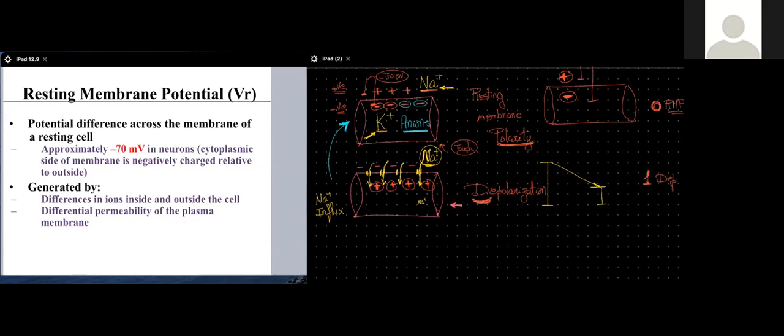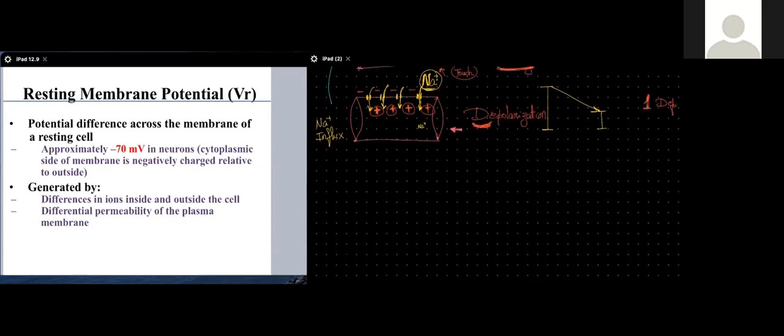But in order for me to do so, I need to do what? I need to lose positively charged ions from inside of the cell to the outside. I need to reverse my membrane polarity. I need to get back the membrane polarity that I've lost by allowing the sodium in. This is how a sodium channel looks. It has 2 doors to allow the sodium in.